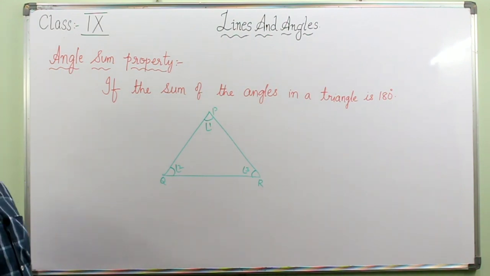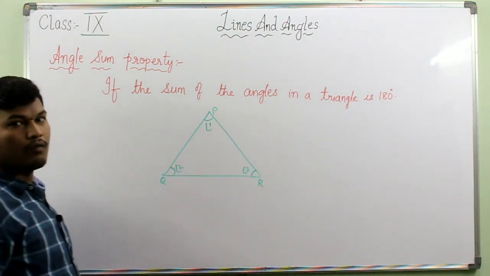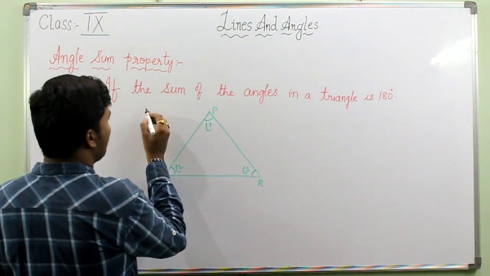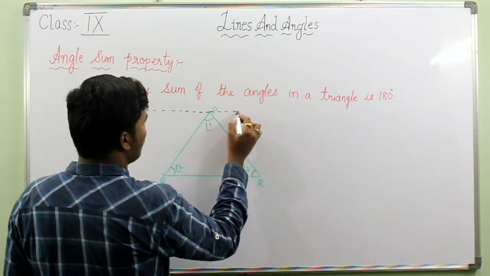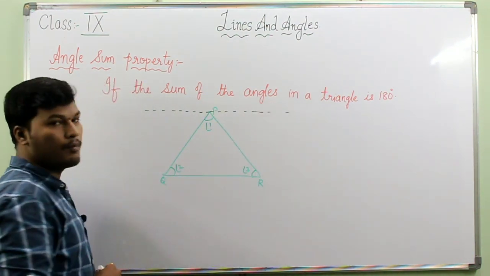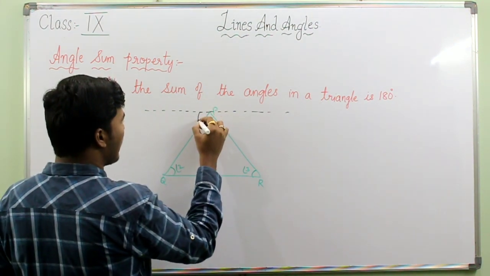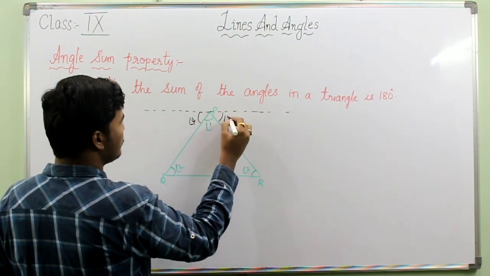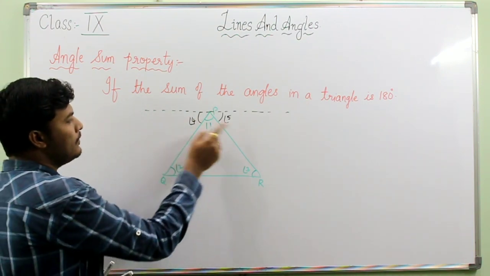In order to prove that the sum of the angles in a triangle is 180, we consider a line parallel to QR, passing through the point P. This parallel line makes two angles, 4 and 5.